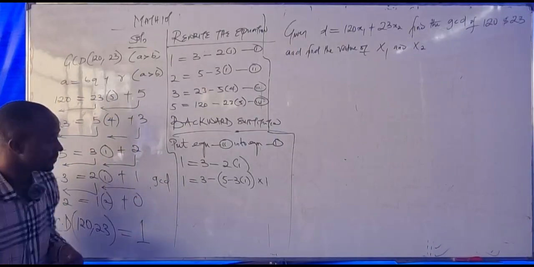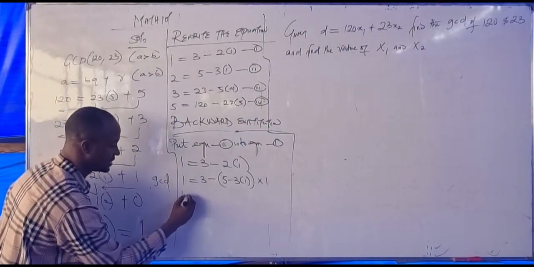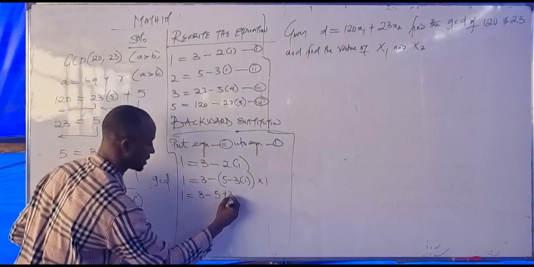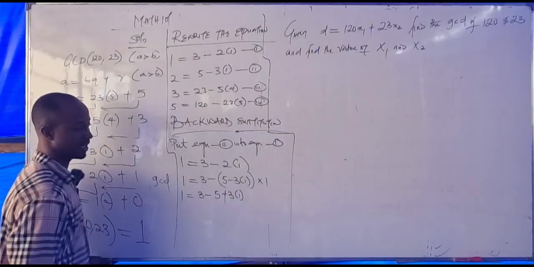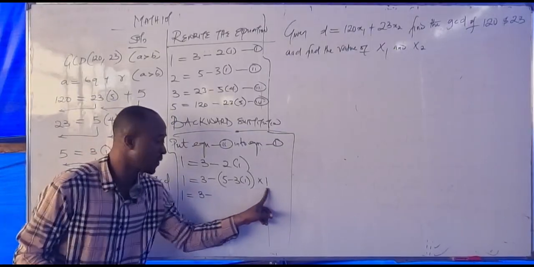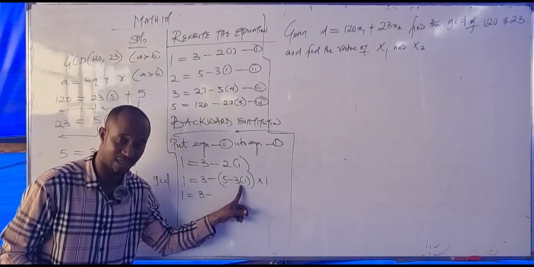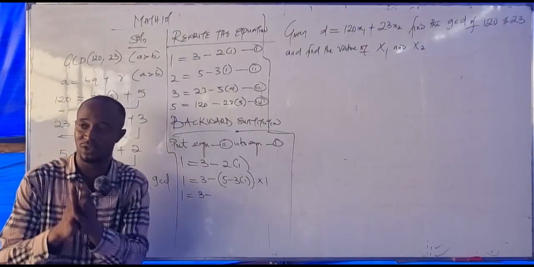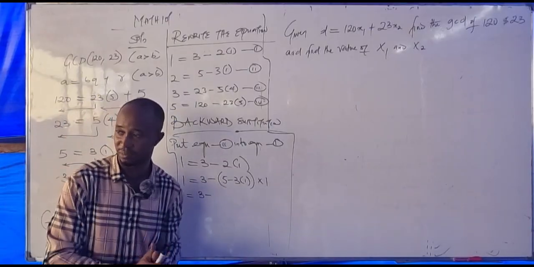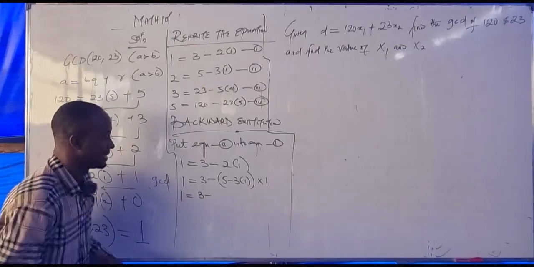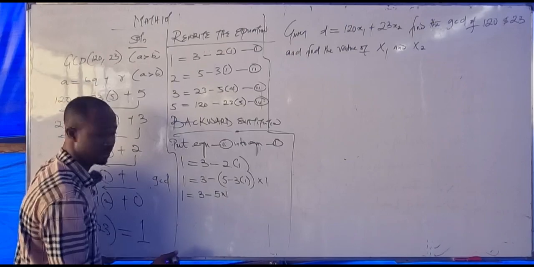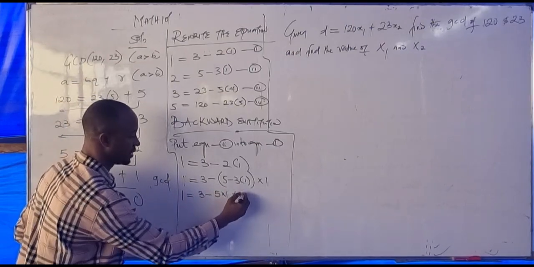Can I continue? What we have to do is to expand this. This is 3. 1 equals to 3 minus 5 plus 3 times 1. Let me just show you something. Listen. This times 1 here is affecting both 5 and 3. When I have 2 numbers in a bracket multiplying a particular factor, that factor will multiply those 2 numbers. Can I say this is the same as 3 minus 5 times 1, plus 3 times 1?